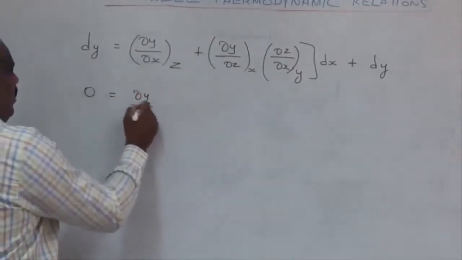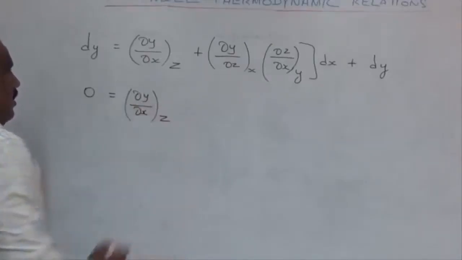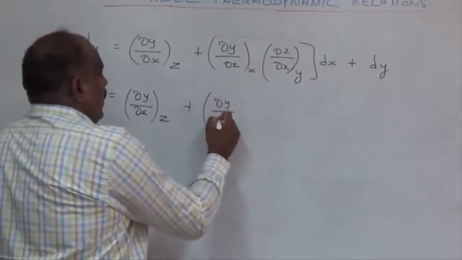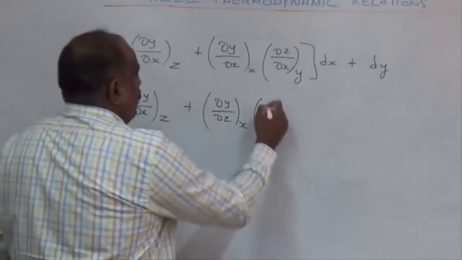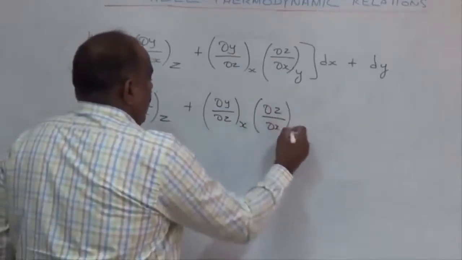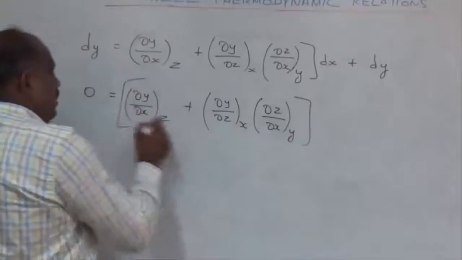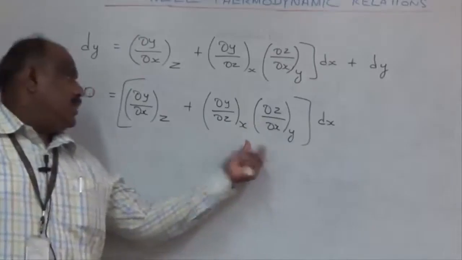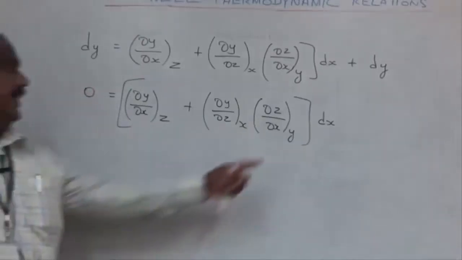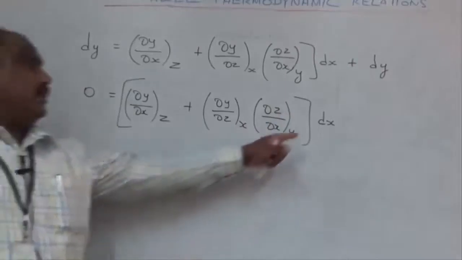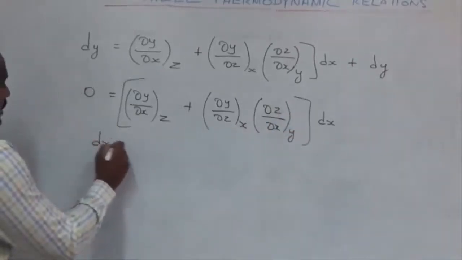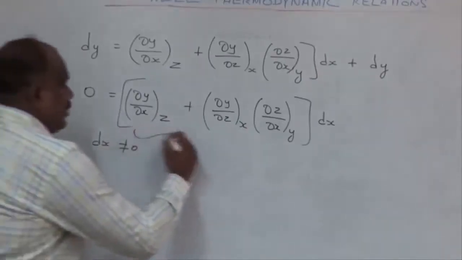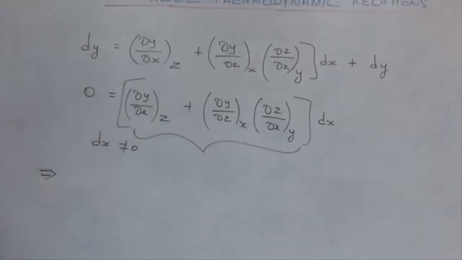So ∂y/∂x at z plus ∂y/∂z at x into ∂z/∂x at y, dx. Now the product of these two terms is equal to 0, but we know that dx is an exact differential, or an operator, which cannot be 0. dx cannot be equal to 0, which implies the other term within this square bracket should be equal to 0.